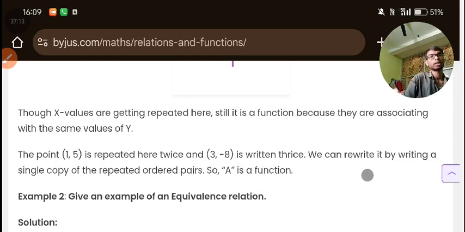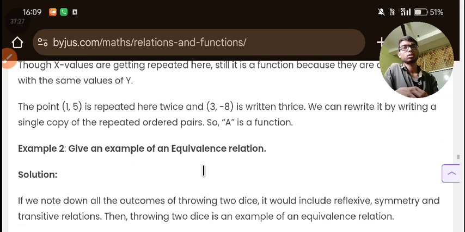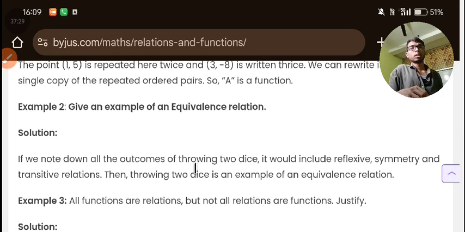We can rewrite it by writing a single copy of the repeated ordered pair. So A is a function. We can ignore the repeats completely, but it is a function.